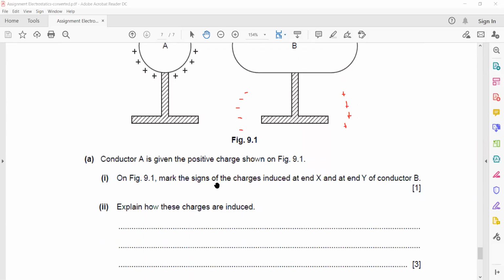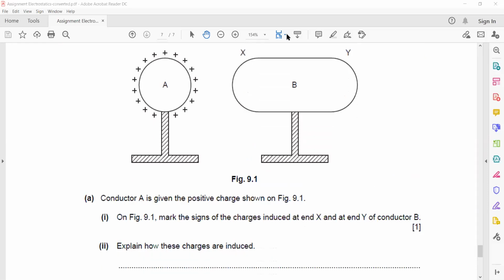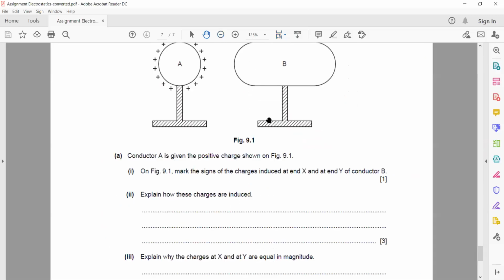Now explain how these charges are induced, how these charges are produced. Basically, like charges repel, unlike charges attract.